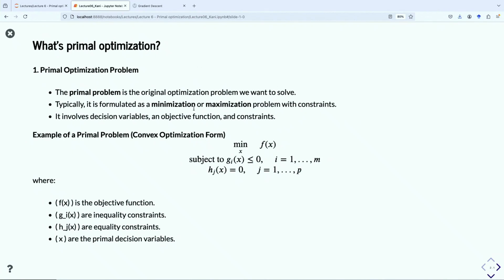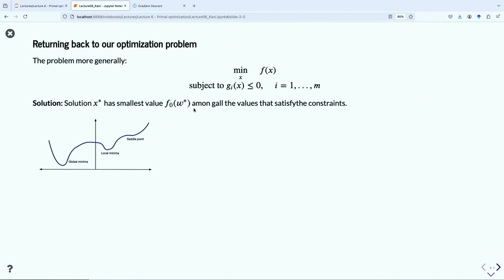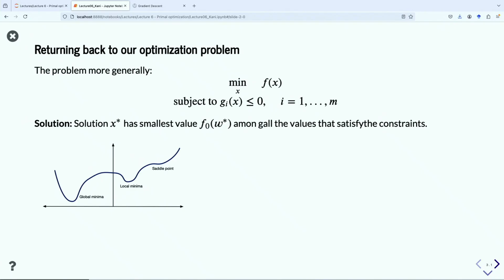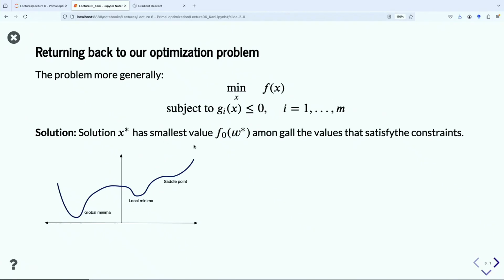Okay? So returning back to the optimization problem, we have a function, and then it's subject to some constraints. And we want to find the smallest set of inputs for which this function is minimized, right?